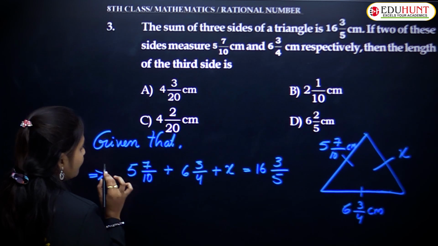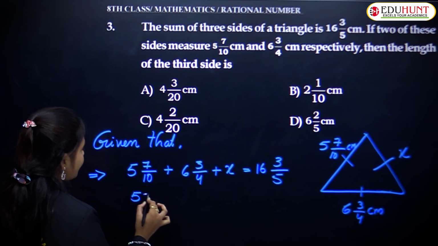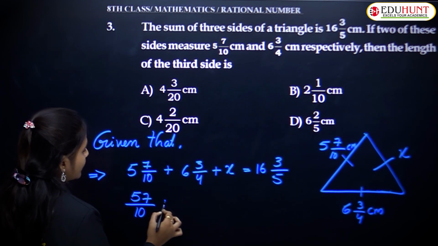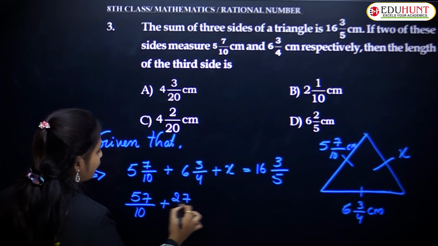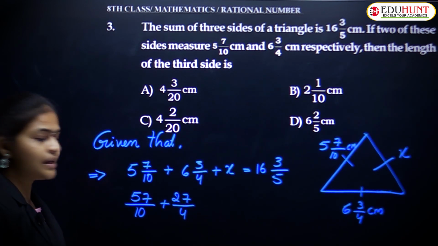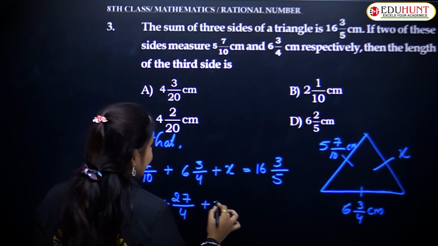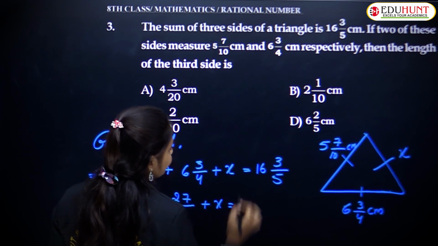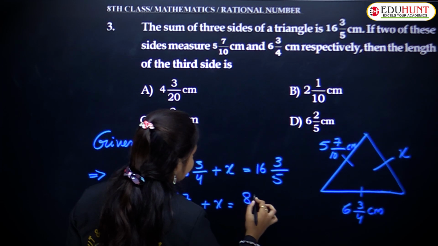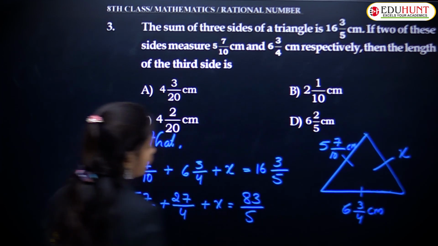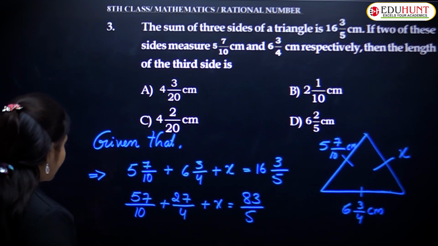So 10 fives are 50 plus 7, 57 by 10, plus 6 fours are 24 plus 3, 27 by 4. Clear? Plus x is equal to 16 fives are 80 plus 3, 83 by 5. Clear? Now simplify it.